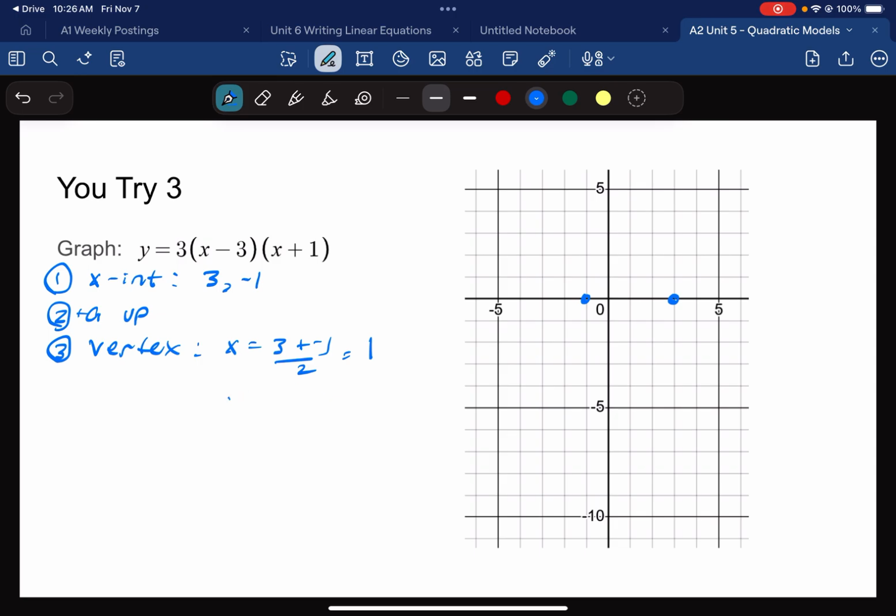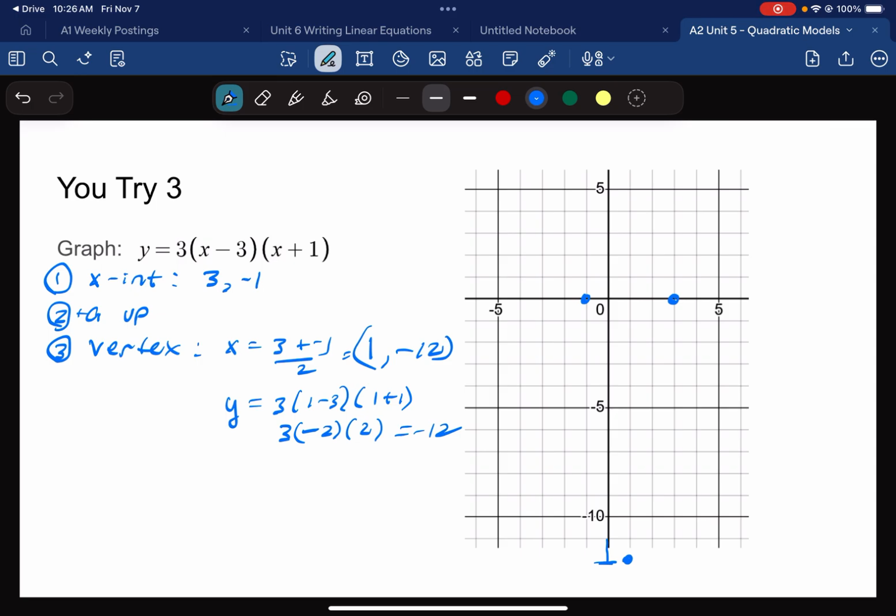So let's plug 1 back in for x. And I get 3 times (1 minus 3) times (1 plus 1), which is 3 times -2 times 2, which is -12. So my vertex is (1, -12). Oh, wow. That's way down here. I had to kind of add a space there on the end, didn't I?